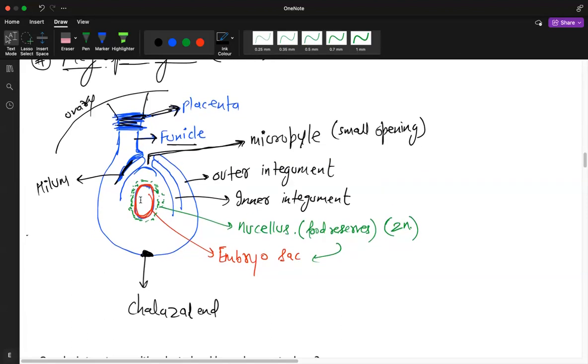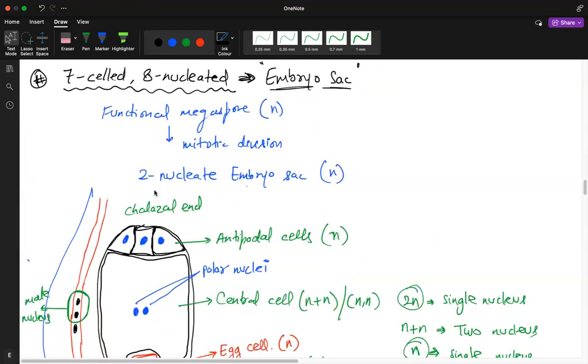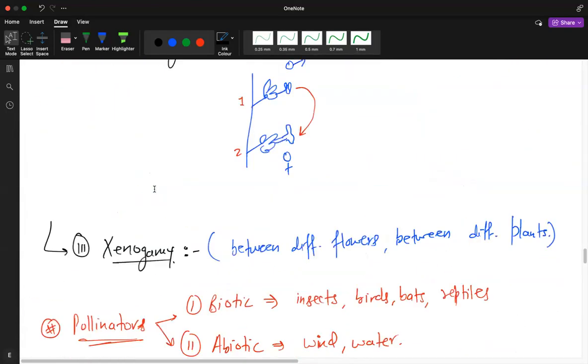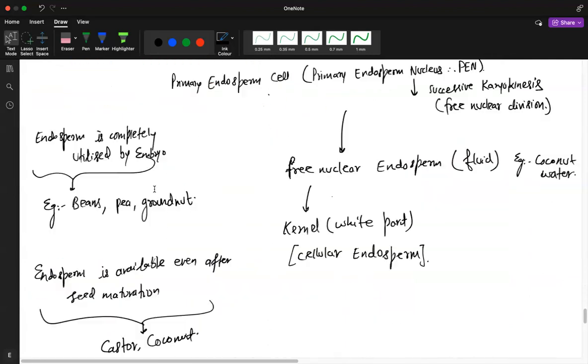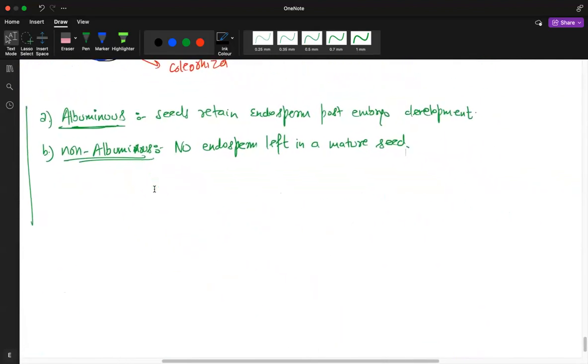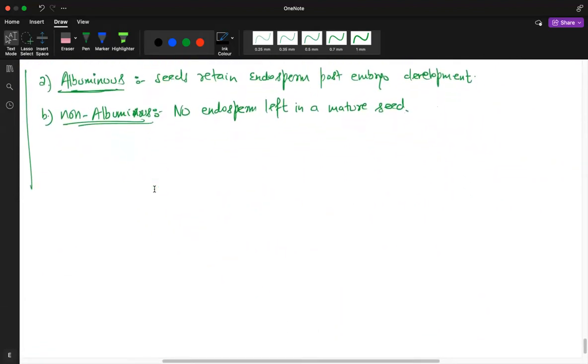So basically ovules become seed. So this nucellus is not retained in a mature seed. But some seeds retain nucellus. Some cells of nucellus are retained in some seeds.